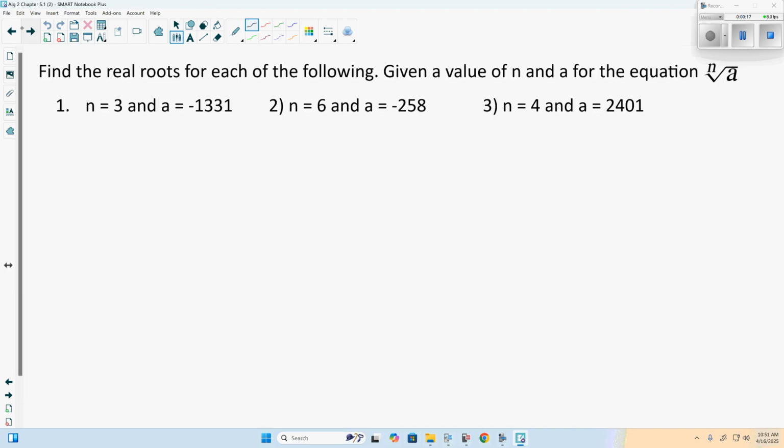Just one. If we were finding the roots like these here, so this isn't on your note sheet. This first one, we want to find the real roots for the given value. So the cubed root of negative 1,331, we know we'll have one real root because we're taking an odd root of this.